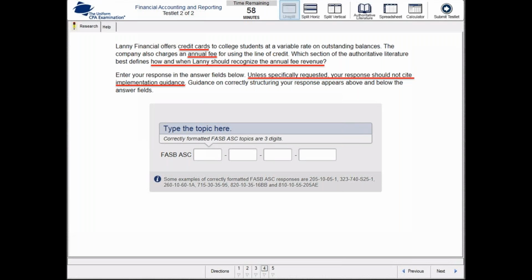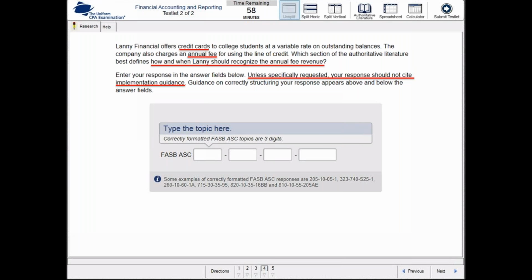Okay, so now we want to go back to this question again, because we want to make sure that we're quickly and easily finding exactly what we need. So the question reads, again, how and when Lanny should recognize the annual fee revenue. But then they also say in the question, unless specifically requested, your response should not cite implementation guidance.